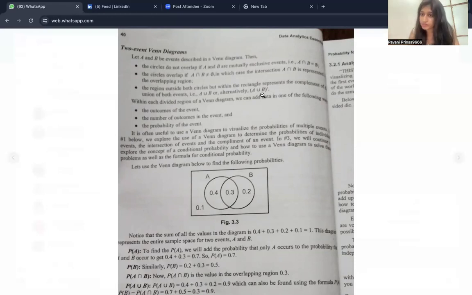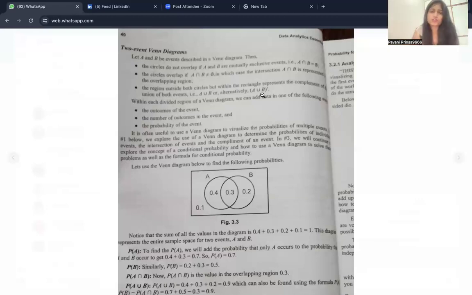So the formula will be: A union B whole complement equals 1 minus A union B. That means from the whole set, you are removing A union B. When you remove this part, automatically you will get the other region, isn't it? That is how they calculate A union B complement.